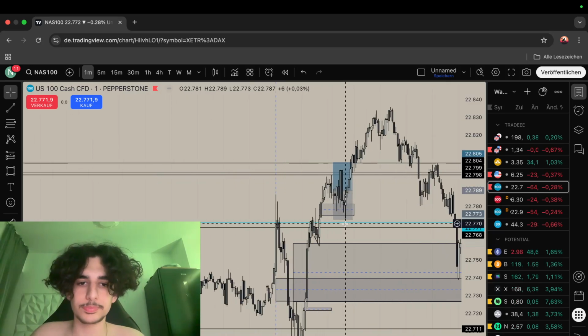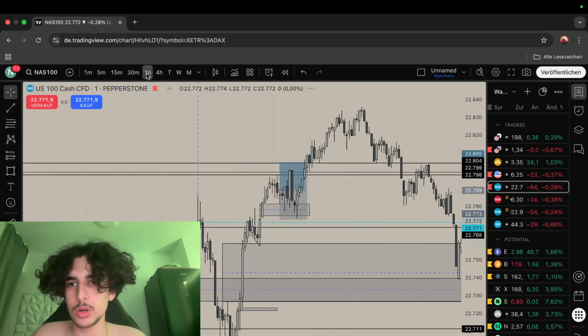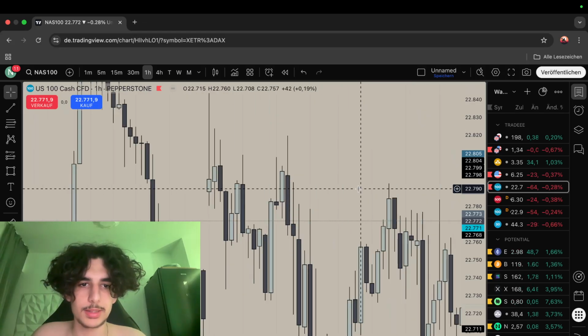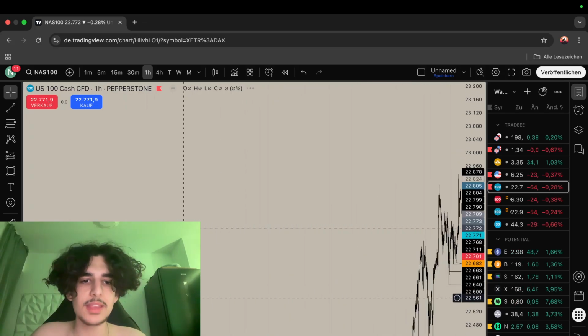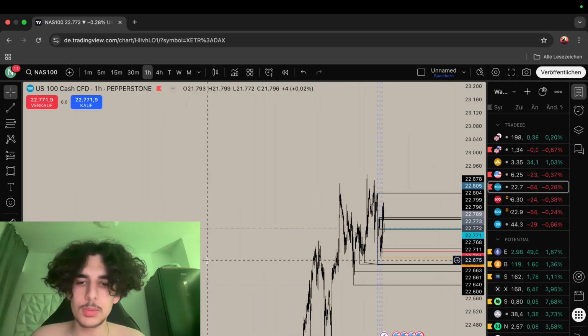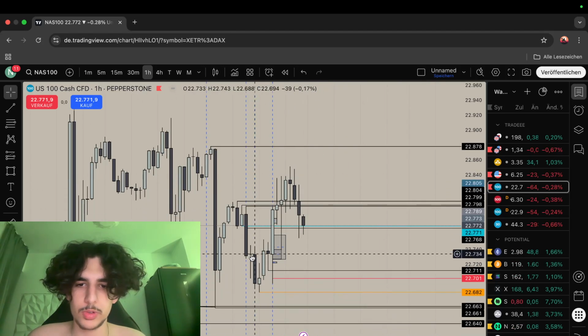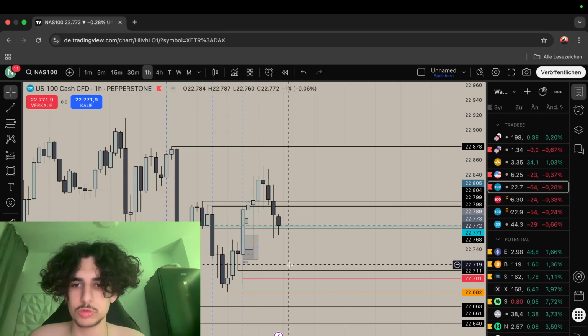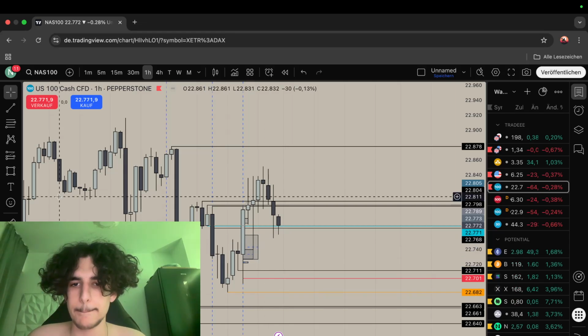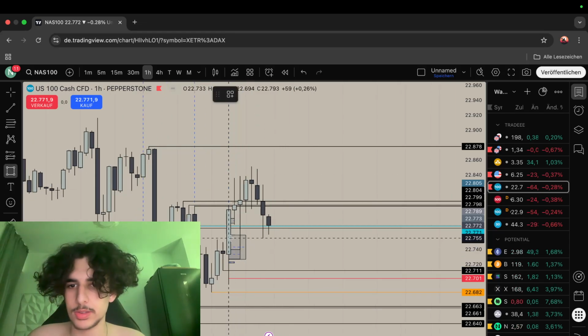But we had this 1 hour inverse that I wanted to see, because we had this potential SMT that we could have made. Oh wow, we filled this bullish gap. And we had this 1 hour gap.